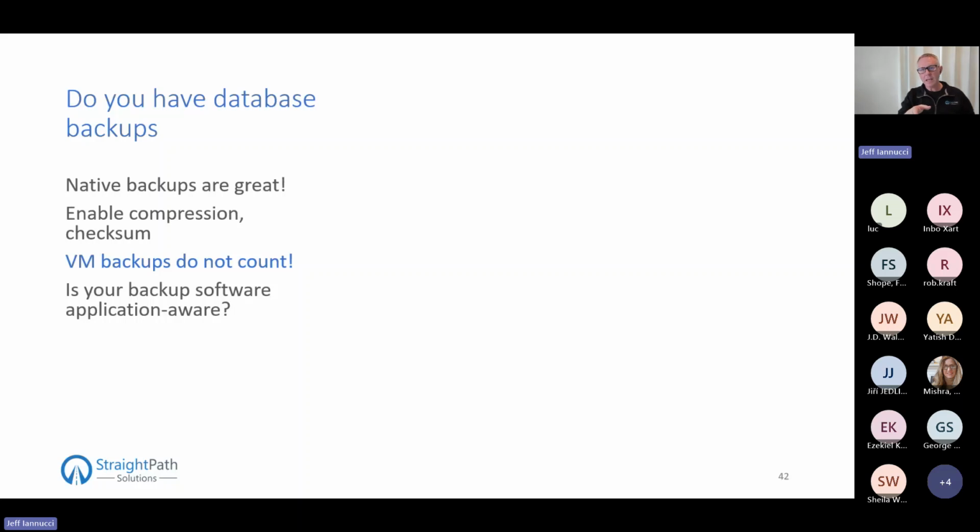The thing about virtual machine backups is test restoring from them, because if they're not application aware, they're not actually telling SQL Server, hey, I backed you up. They're just backing up blocks of files on drives. And if they don't do those all at the same time, and you've got your database data files and your log files on different drives, which many people do, depending on your hardware configuration, you may not get those things backed up at the same time.